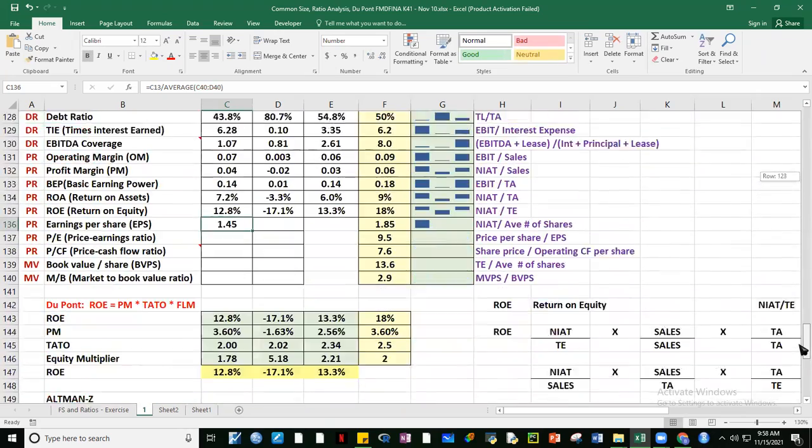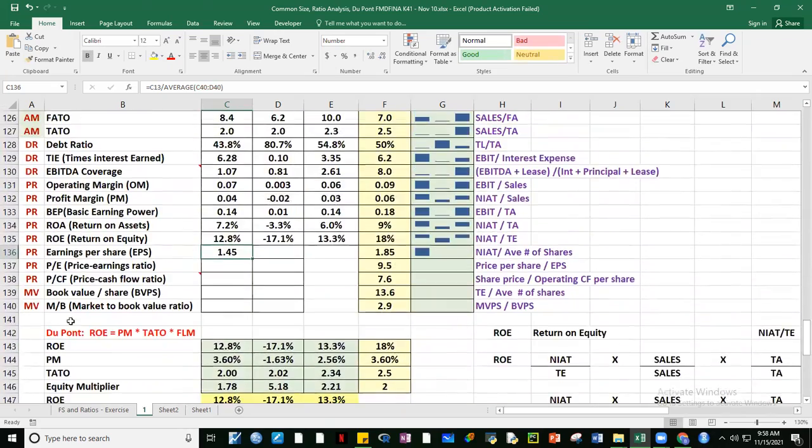So our EPS, earnings per share, is 1.45. This means for every 1 peso of share, the company is generating 1.45 of income.